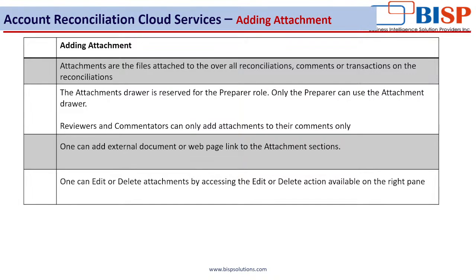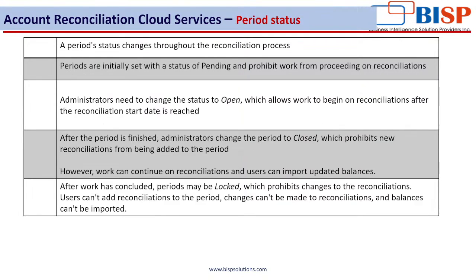One can edit or delete an attachment by accessing the edit or delete option from the attachment tab, which is available on the right side pane on the balance summary card, on the balance summary tab. We will go and see that also.